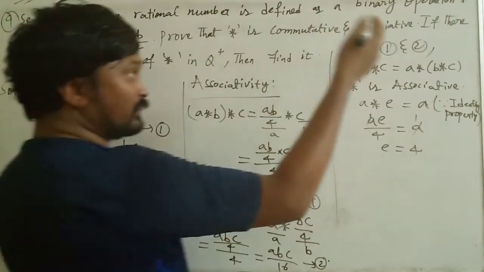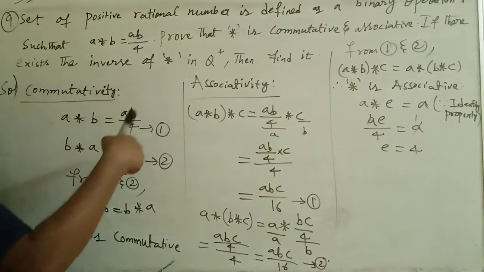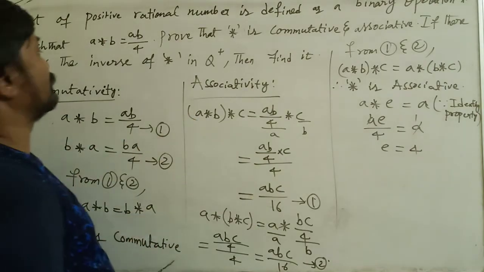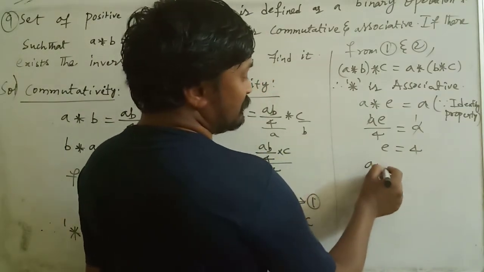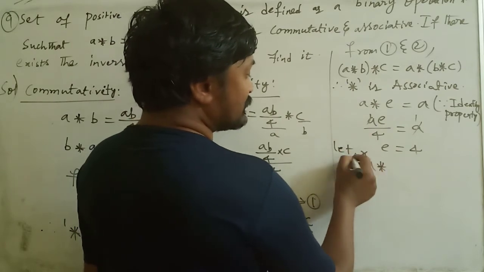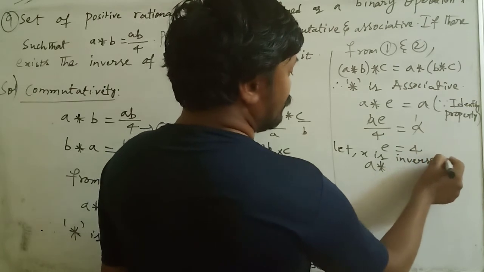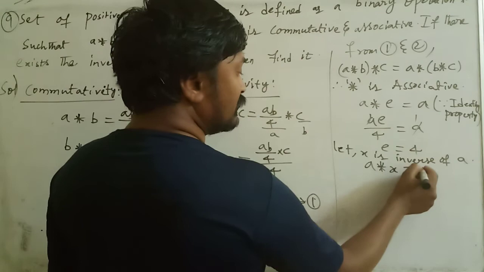Now, what is your inverse property? Inverse is possible, yes, because it is commutative and associative. Let x be the inverse of a. Then a star x is equal to e.